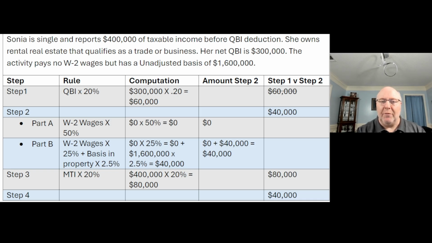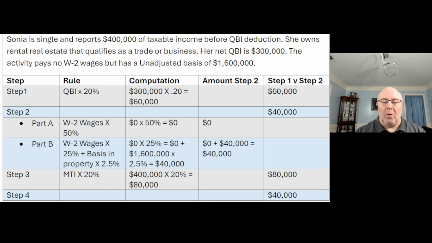For part B, the first part is 25% of W-2 wages, which is zero, but then we take 2.5% of the $1,600,000 unadjusted basis in property. $1,600,000 times 2.5% comes out to $40,000. We take the greater of part A or part B. Well, 40,000 is greater than zero, so for step two we take $40,000.